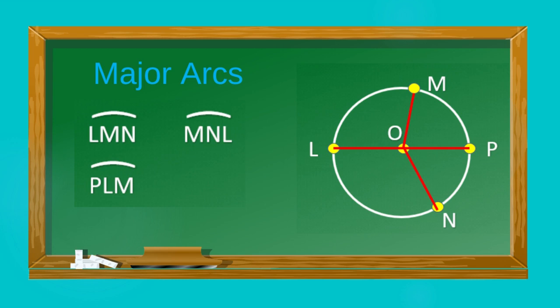You are not going to use P because if you name it LMP, then it is a semicircle, and we want greater than the semicircle. So we have arc LMN. The other one is arc MNL. And next we have arc PNM.